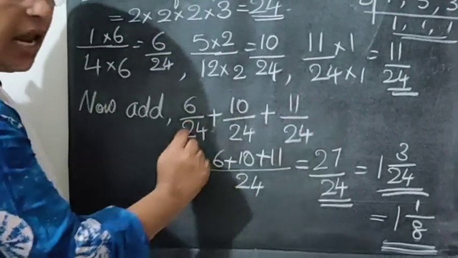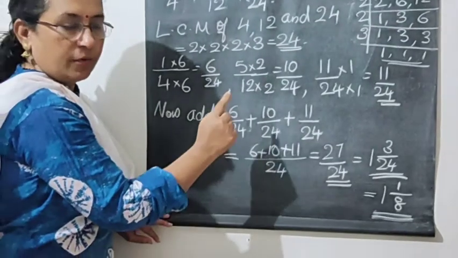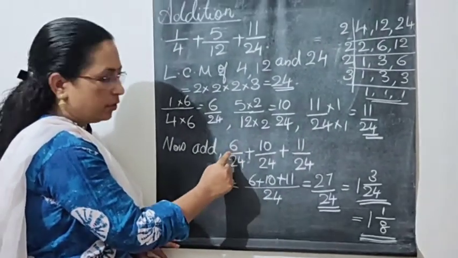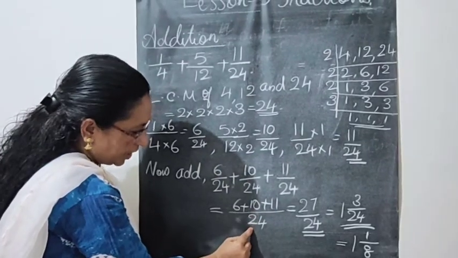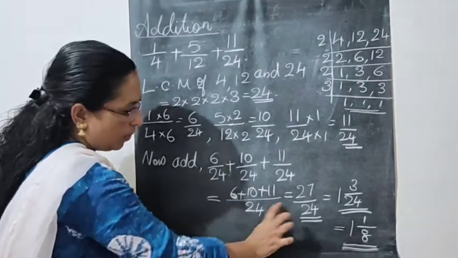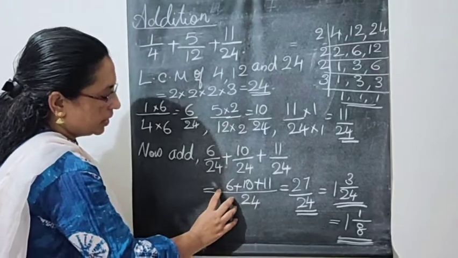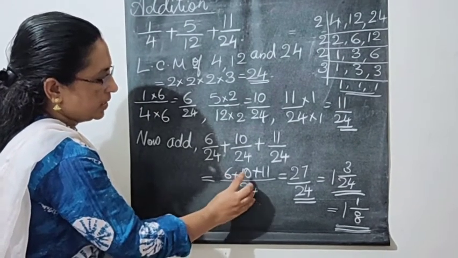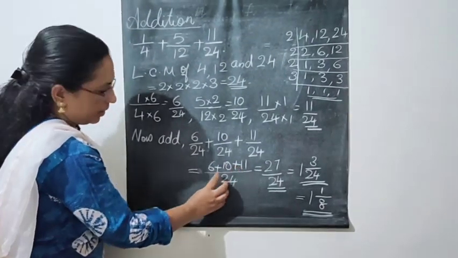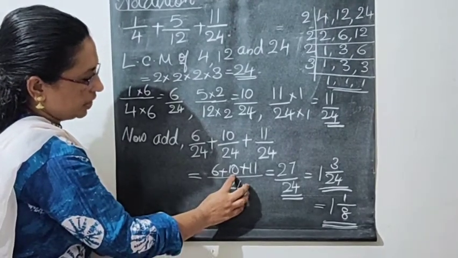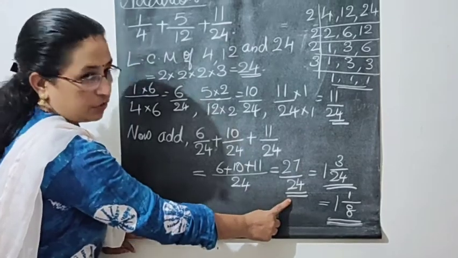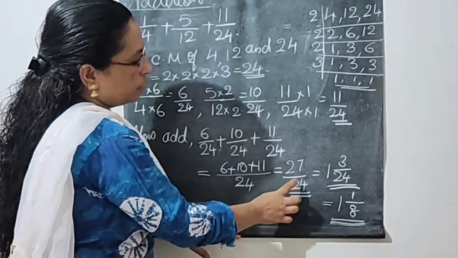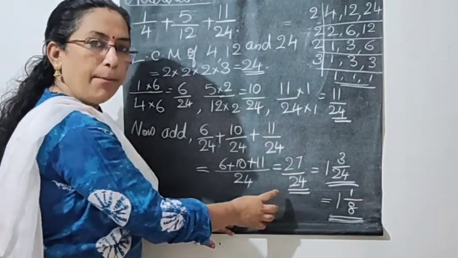That means it's a like fraction. For adding like fractions, we focus only on the numerators. So write down 24 as the common denominator, and write the numerator 6 plus 10 plus 11. 6 plus 10, 16. 16 plus 11, 27. 27 by 24. Okay. Now 27 by 24 is an improper fraction.